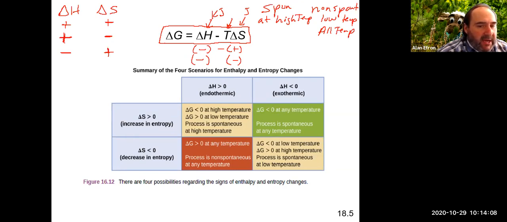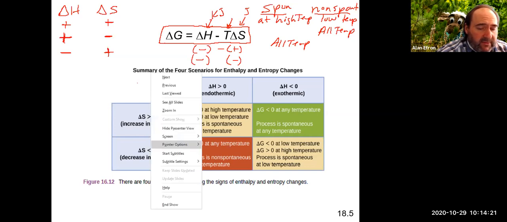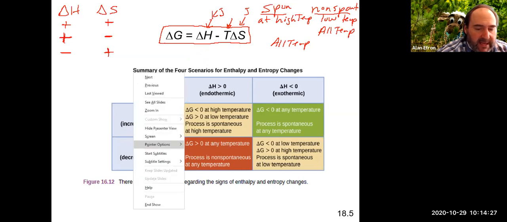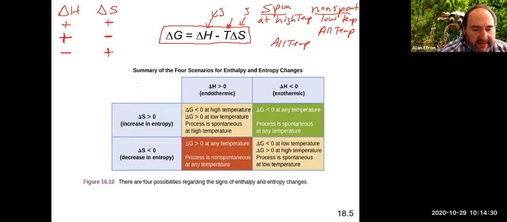And that means that the reaction will be spontaneous at all temperatures, because it will always lead you to a negative delta G.